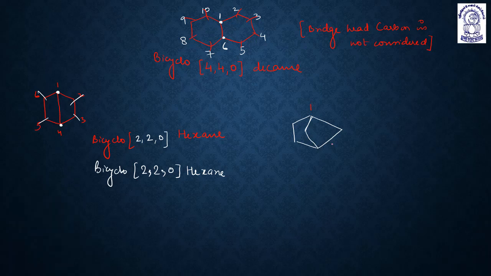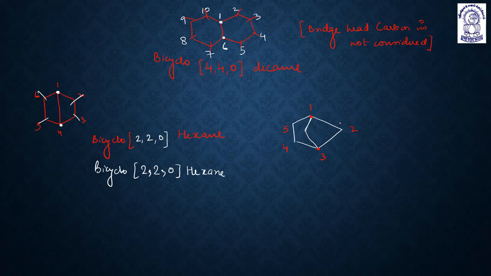This is the bridge carbon: 1, 2, 3, 4, 5. Now, please remember whenever you are writing the name, if the chain is not having any substitution, then always remember the carbon atoms, wherever more on either side of the bicyclo. This is the bridge carbon, and we have two carbons on this side and one carbon on this side.